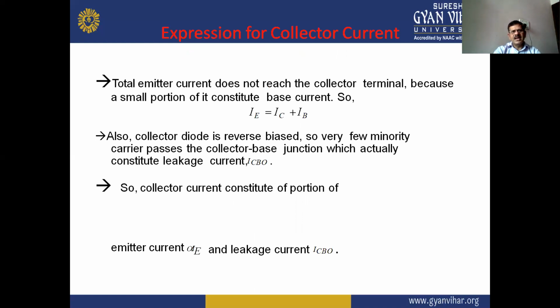Next, what is the expression for collector current IC? Total emitter current does not reach the collector terminal, because a small portion of it constitutes base current. So total emitter current equals the summation of base current and collector current.